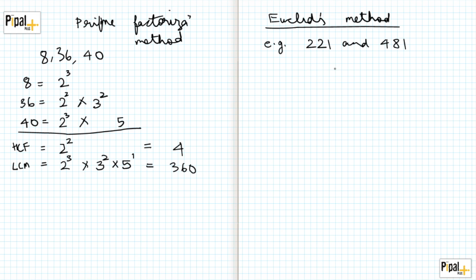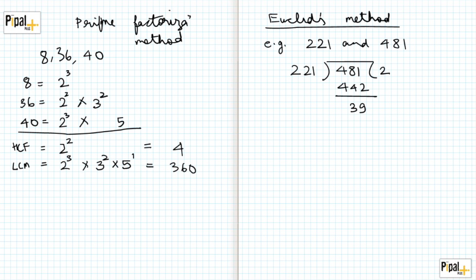So what I'll do is I'll start dividing the larger number by the smaller number. So I'll divide 481 by 221. Now 221 times 2 is 442. This leaves me a remainder of 39, right?